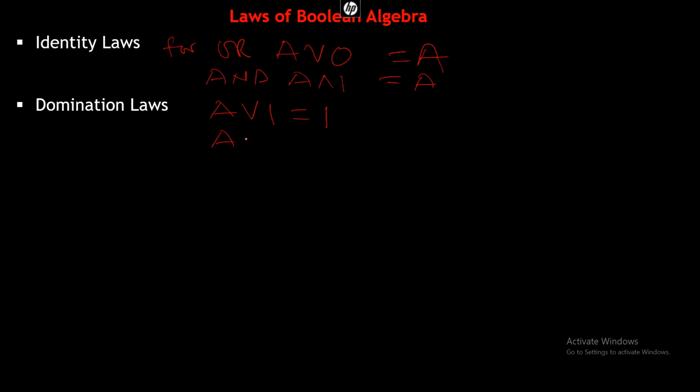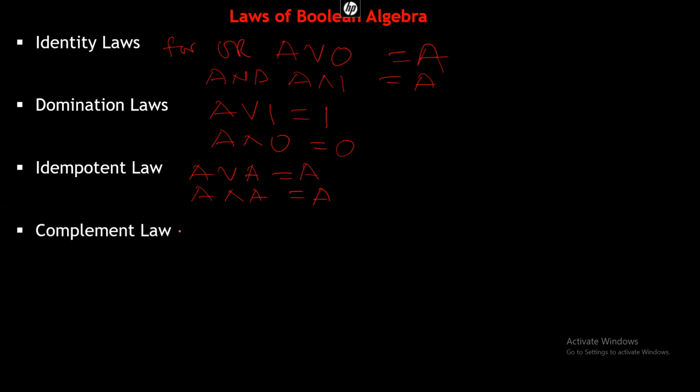Then for AND, it returns 0. Idempotent law for OR, it returns A. This also returns A.